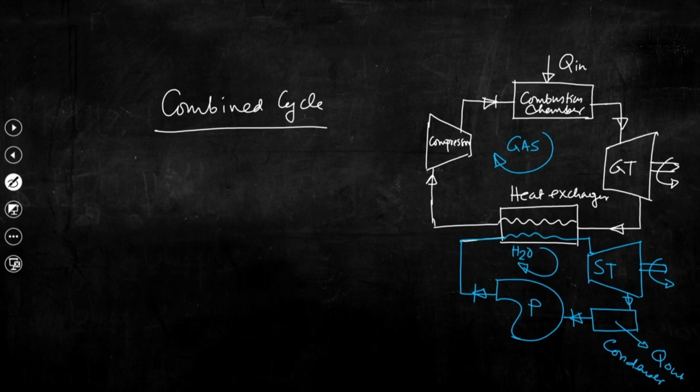The idea behind this combined cycle is to utilize the heat or energy which would otherwise be rejected to the ambience, and utilizing that energy we can run the steam cycle or steam power unit, and we can run another steam turbine.